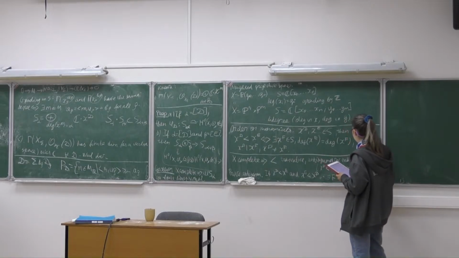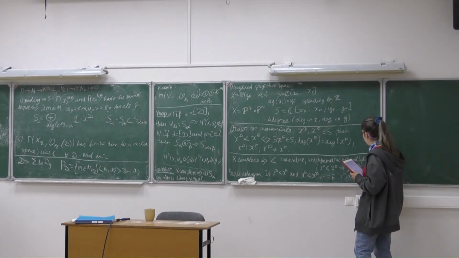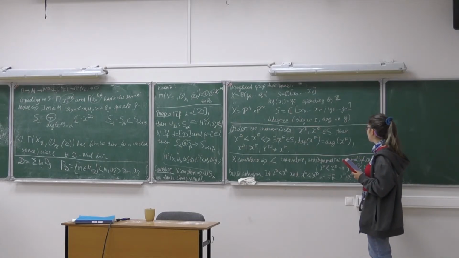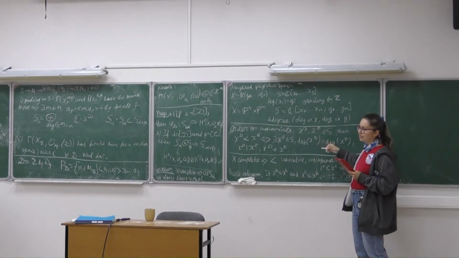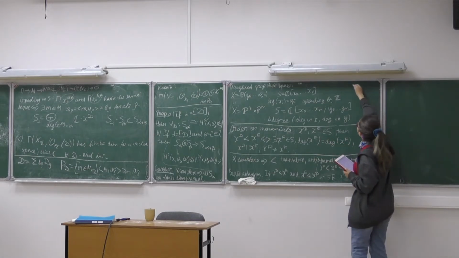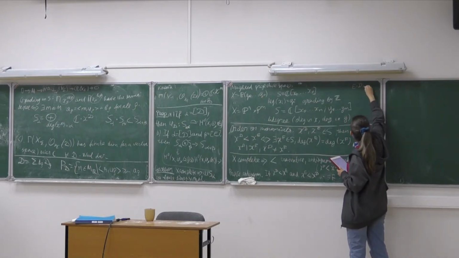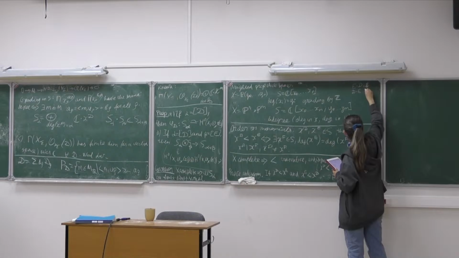So the divisor f minus d is effective, and f minus d is equivalent to e minus d. So e minus d is effective, but at the same time d minus e is effective.